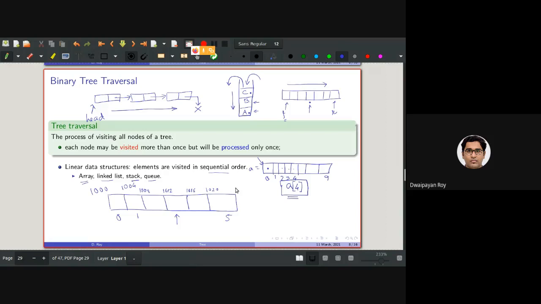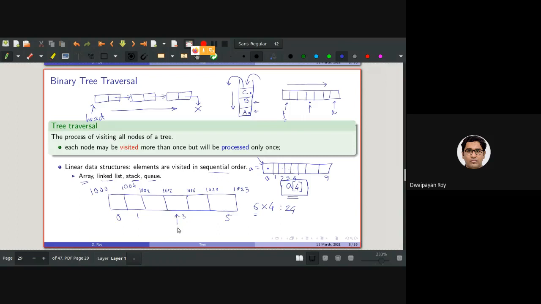Altogether there are 6 elements and the size of each element is 4 bytes, so altogether it is 24 bytes, from 1000 to 1023.